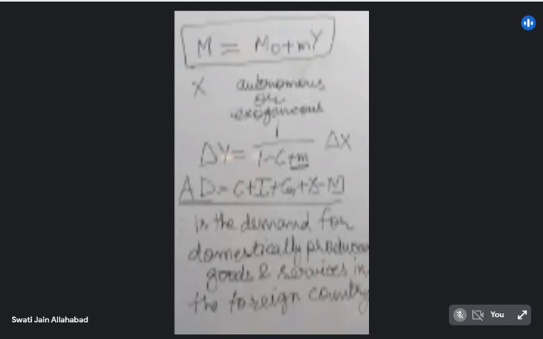Now, imports depend on the income level of the country which you are talking about. Suppose you are talking about India. So, in case of India, the imports of India depend on the level of income in India, not the foreign country. Therefore, we are writing like this. So, some imports are autonomous. For example, diesel, petrol, or crude oil.